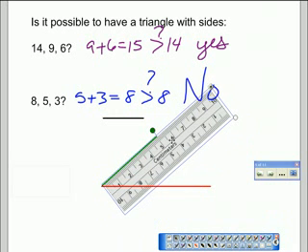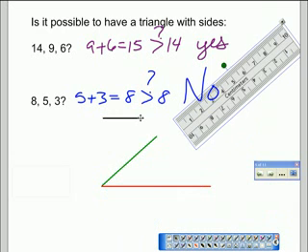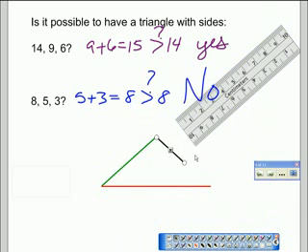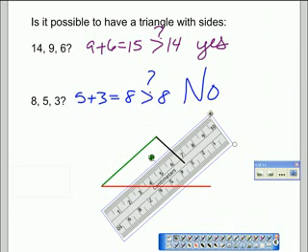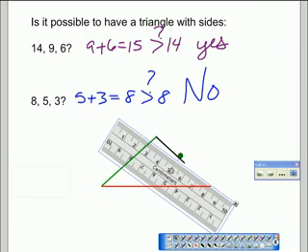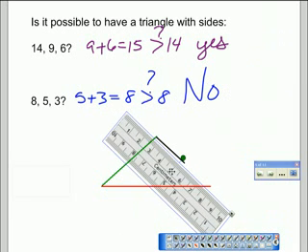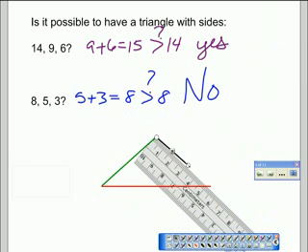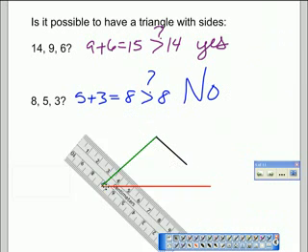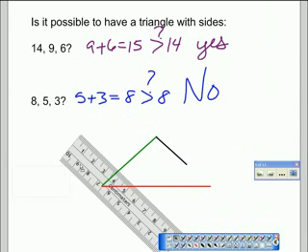That's still right around 5. Okay? That's alright, I'll measure it. Make sure. Those are 8, 5, and 3. Did that form a triangle?